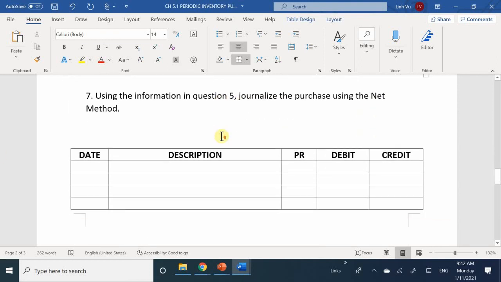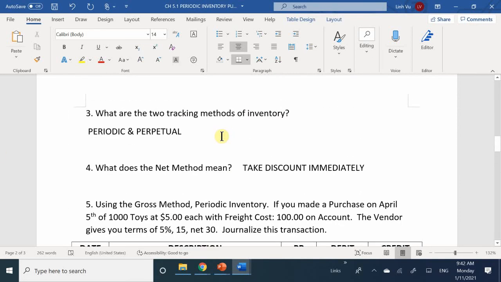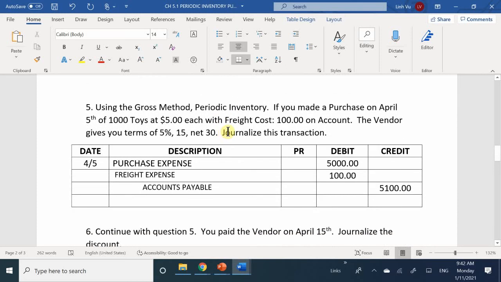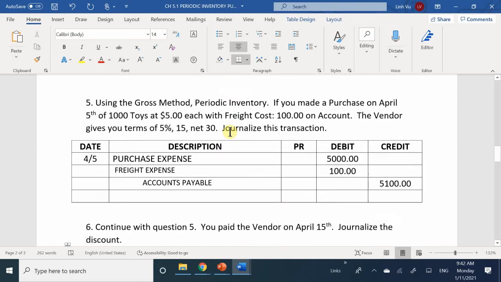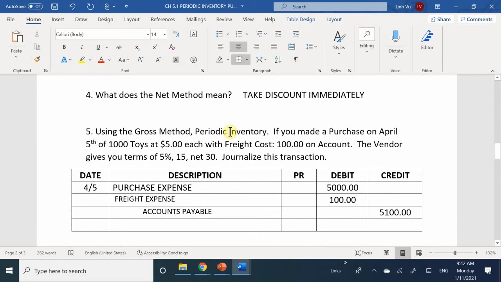Okay. Now again, number 7 says, using the information on question 5, journalize the purchase using the net method. So we're going to go look at 5 again, and this time we're actually going to use the net method. So what am I going to be journalizing here instead? So scenario, same thing. I purchase 1,000 toys at $5 each with a freight cost of 100. And my terms are 5%, 15, net 30.